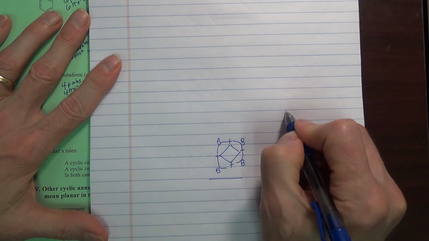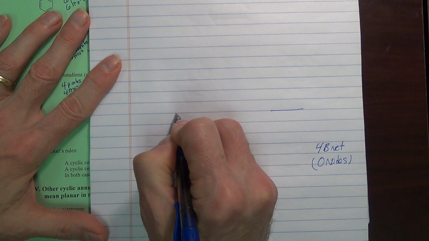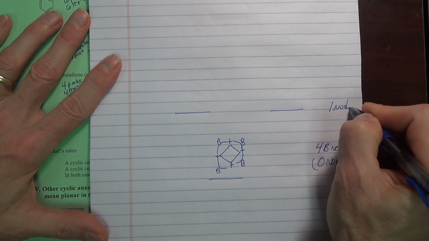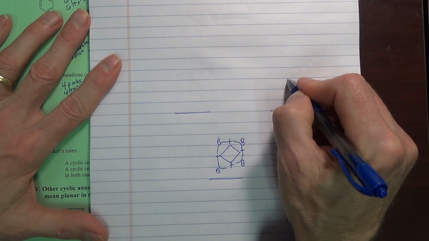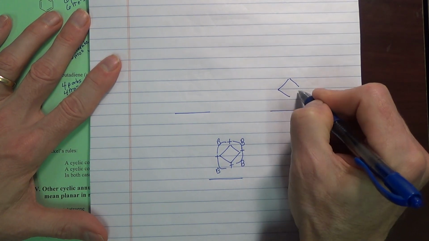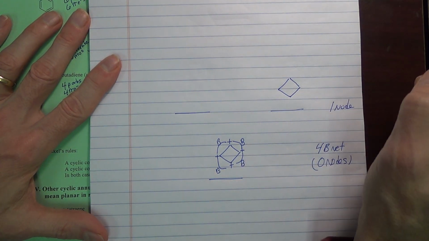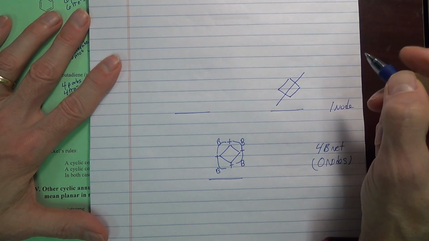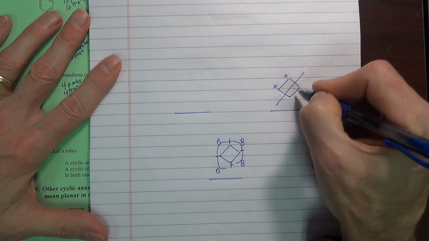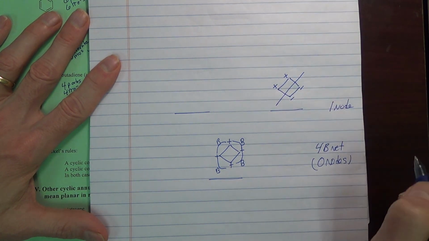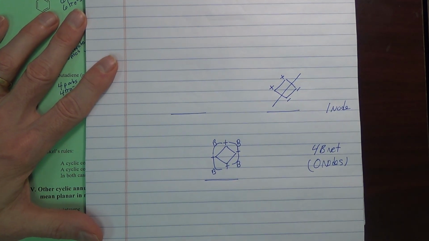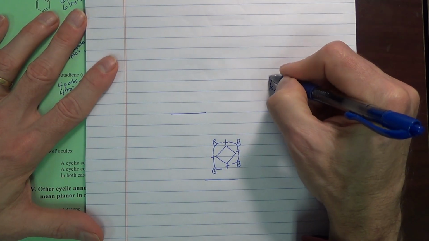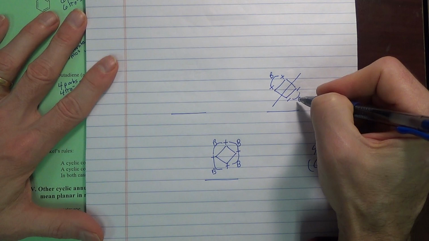Okay, next we will have 2. These will have 1 node. We can do 1 node through here. If that's plus plus, that's going to be minus minus. This will be a bonding interaction. This will be a bonding interaction, constructive overlap.